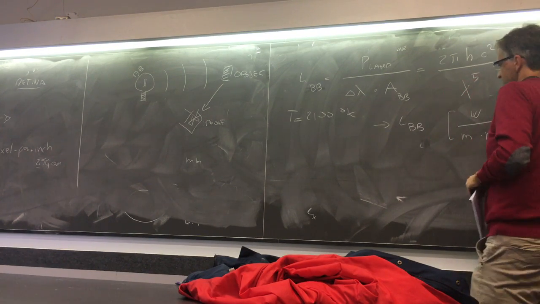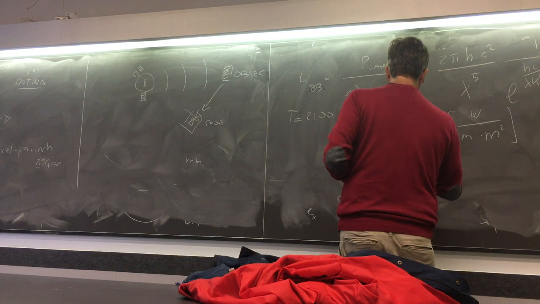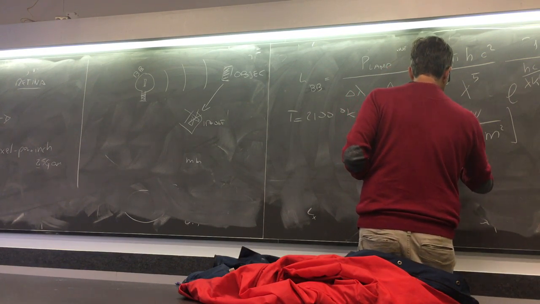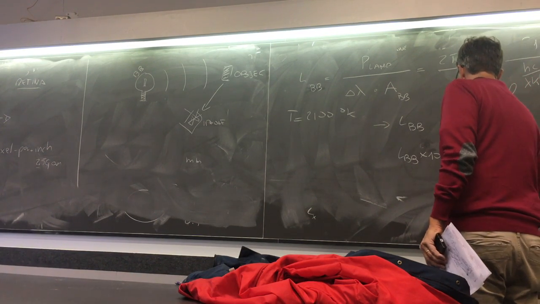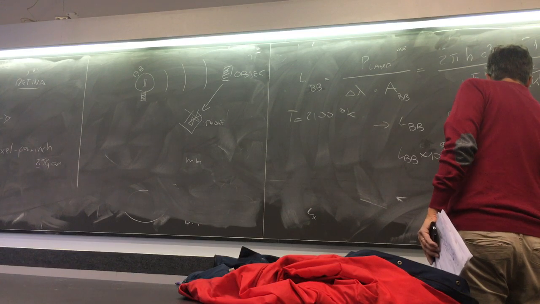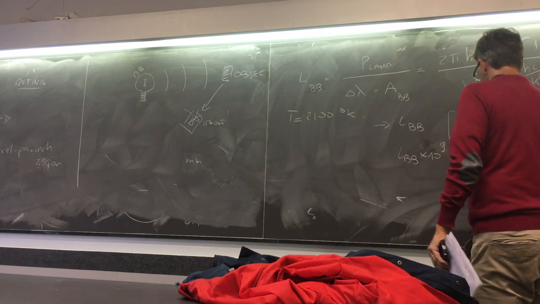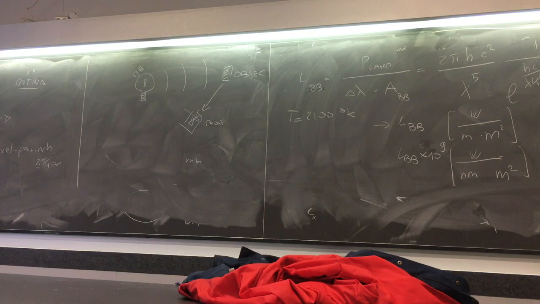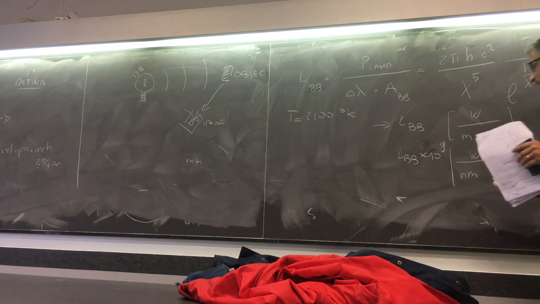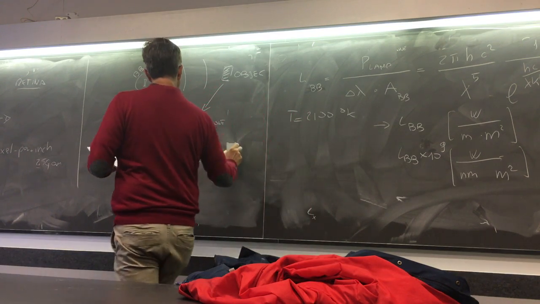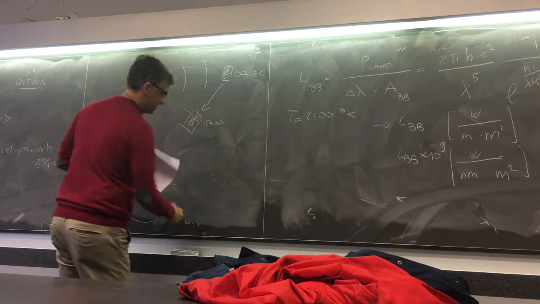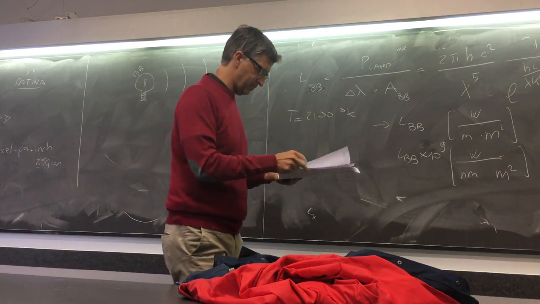Instead, I want to compute L_BB. I multiply by 10^-9. This is usual, to scale by 10^-9, because it is the scaling factor that allows you to express it in terms of watt divided by nanometer of wavelength, where 1 nanometer is 10^-9 meter, of course. But this is not the signal that you can get from the lamp.